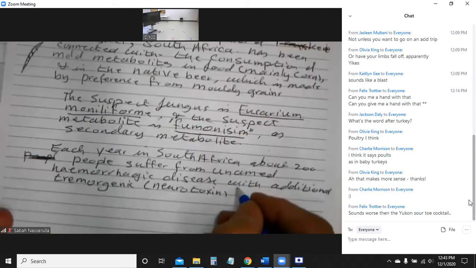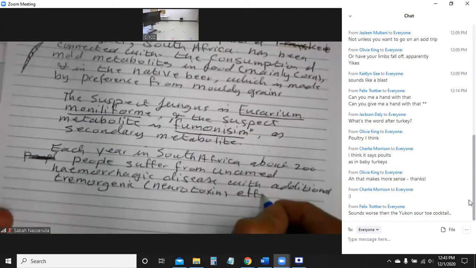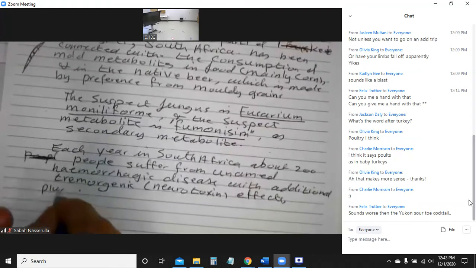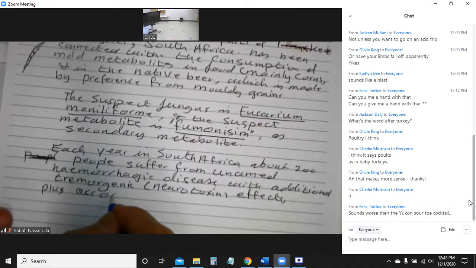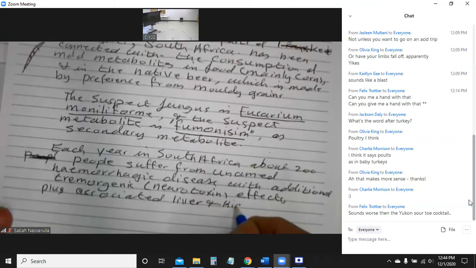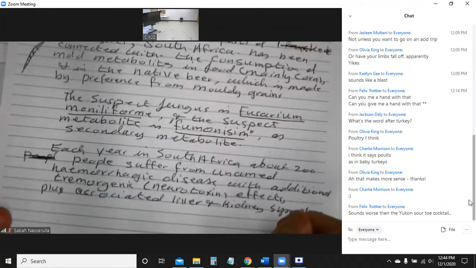In addition to that, there are also associated liver and kidney symptoms.